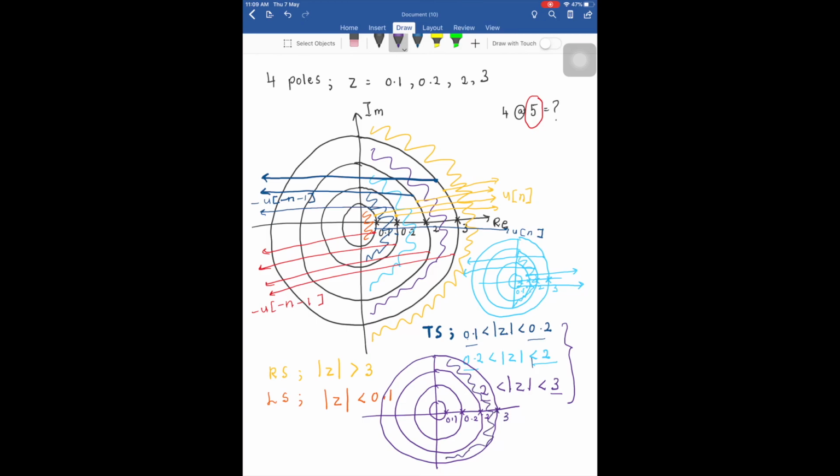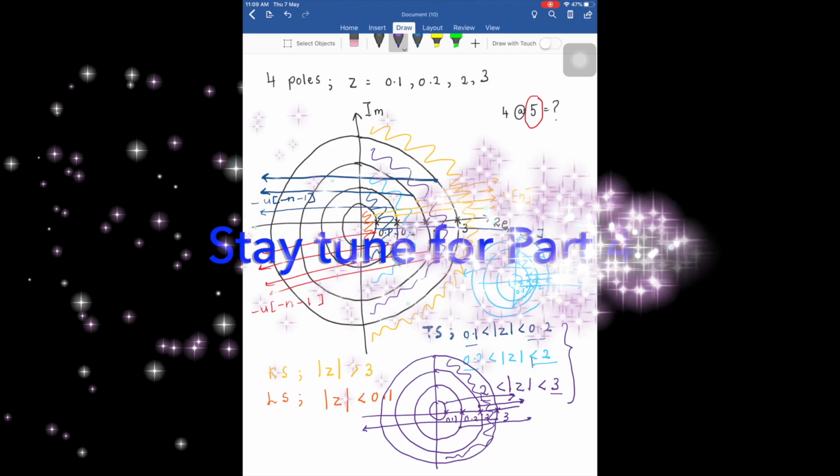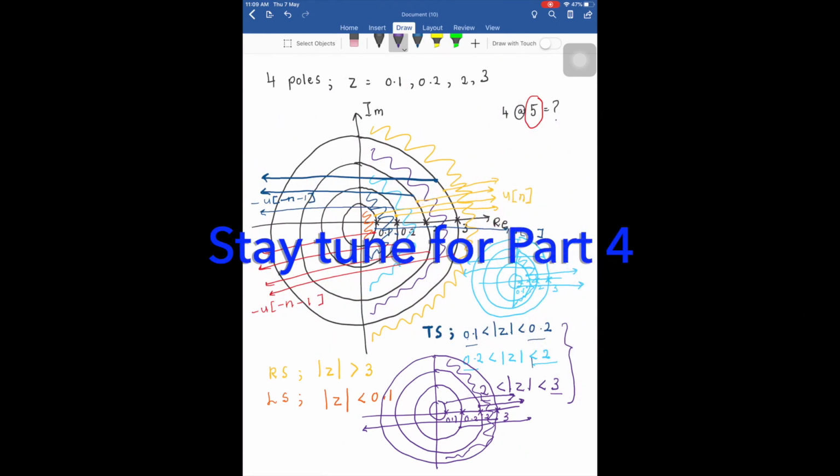Your innermost pole is 2, so it approaches to right. The outermost pole is 3, so it approaches to left. 0.1 and 0.2 are inside the innermost pole, so they will approach to right. Done for 4 poles.